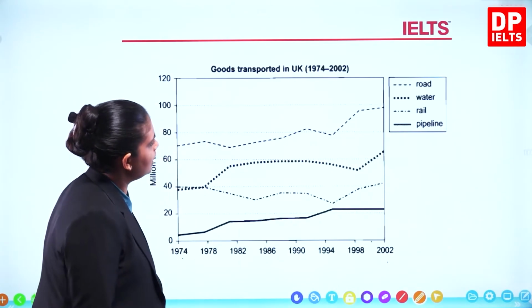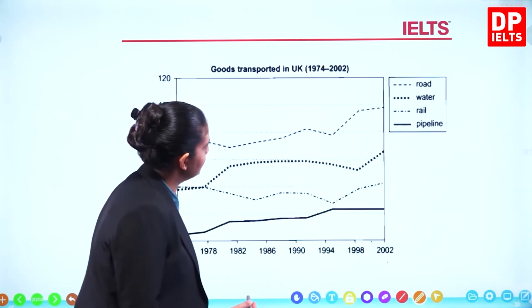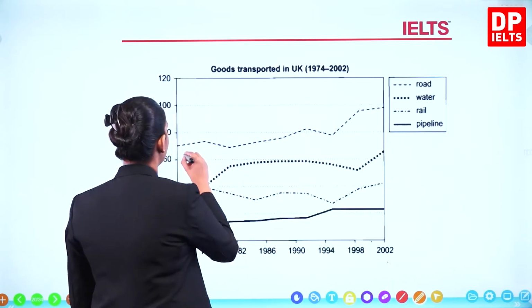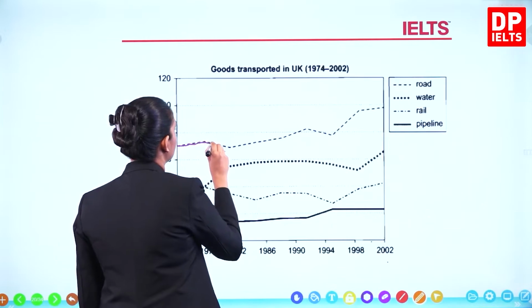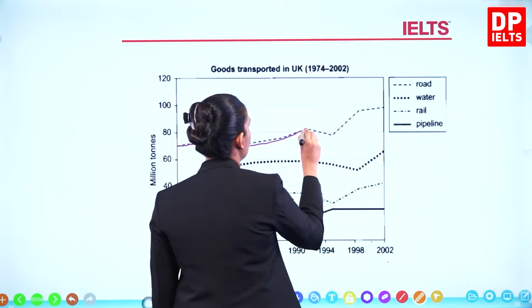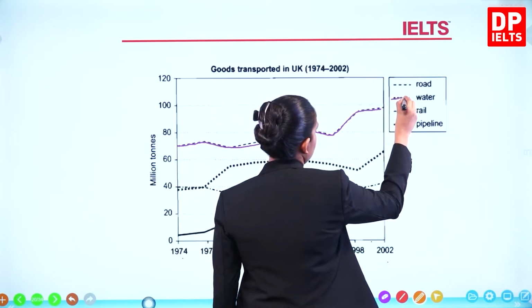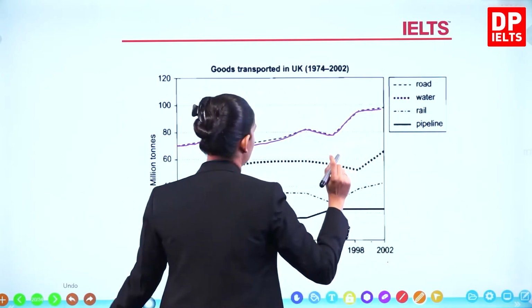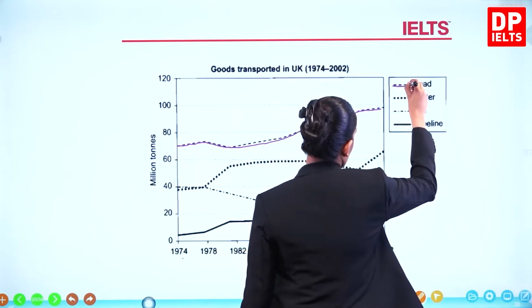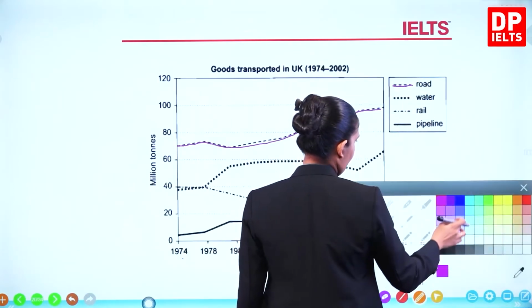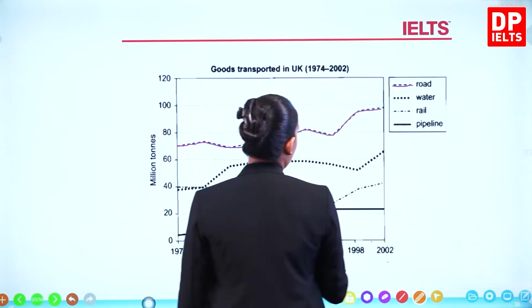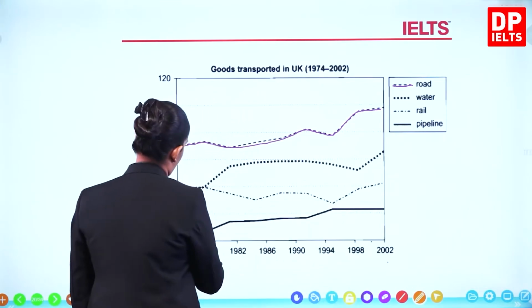And the first one, let's color code it. I think that will be easier. So the pink line is the road. So it's easier for you to look at it. And then let's take the blue one for rail.